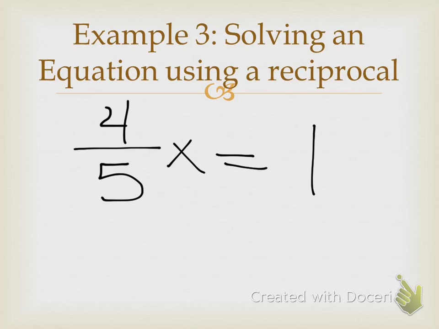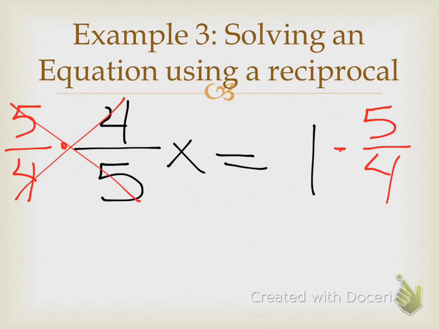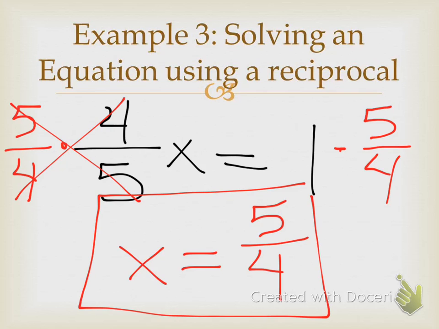Someone raise your hand and tell me, what can I do to get x by itself? Zion? Very good. Reciprocal of 4/5, which is 5/4. These cancel. Whatever I do to one side, I must do to the other. And 1 times 5/4 is just 5/4. And that's my answer. X equals 5/4.